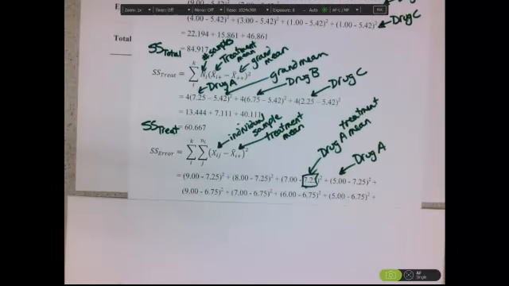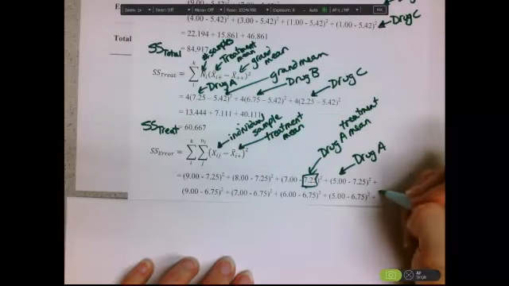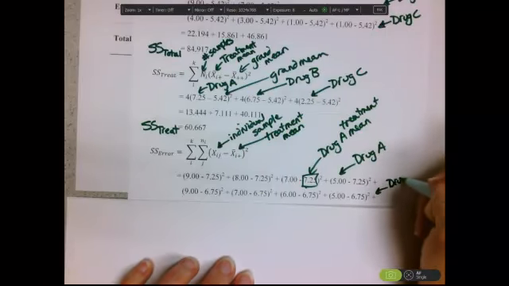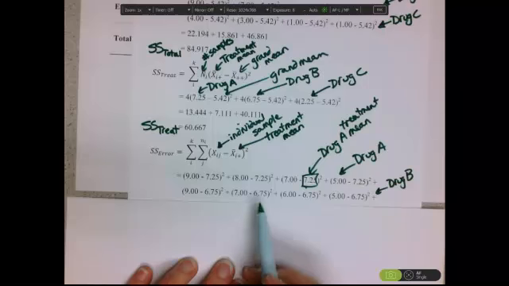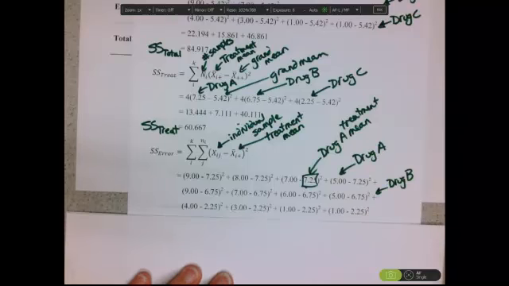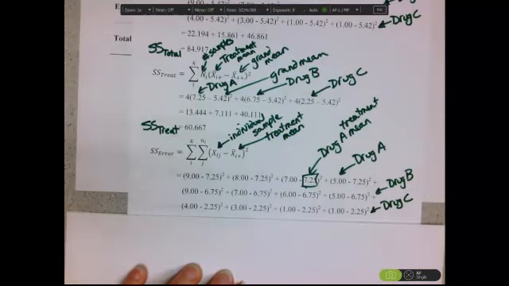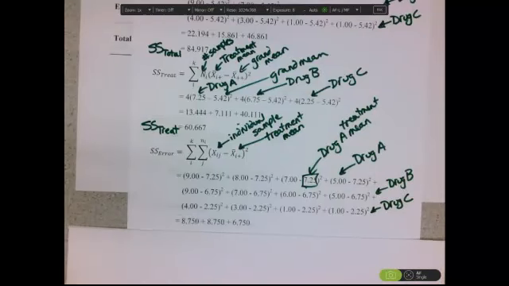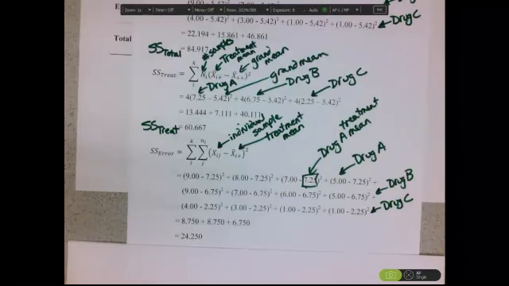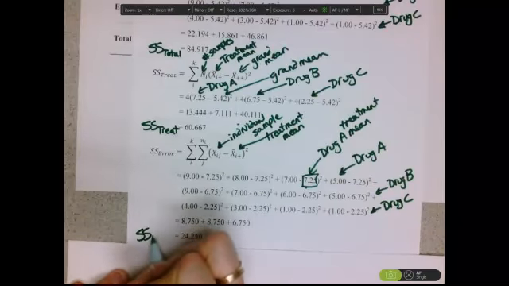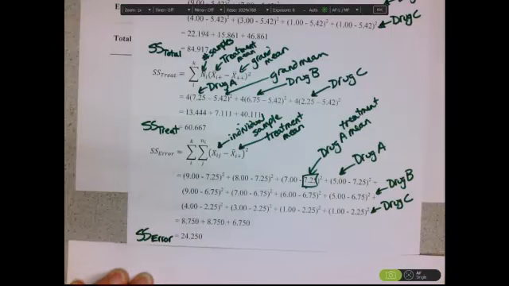The second row is representing drug B. Now they're subtracting 6.75 because that's the mean for drug B. And then the third row here represents drug C. These are the summations for each row. And then our sum of squares error is equal to 24.250.